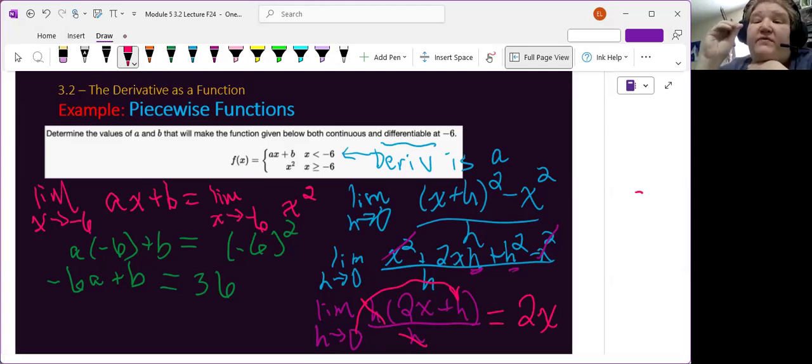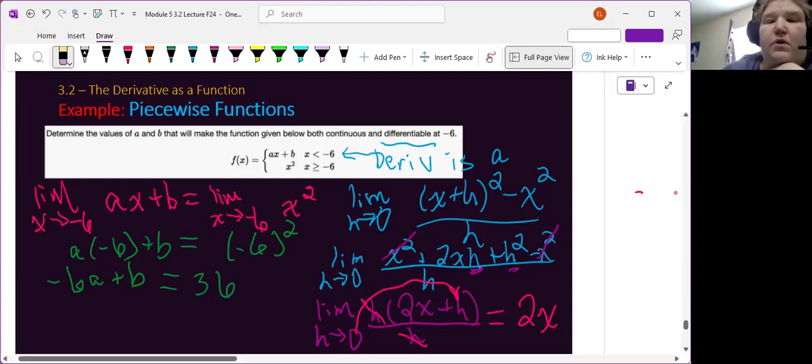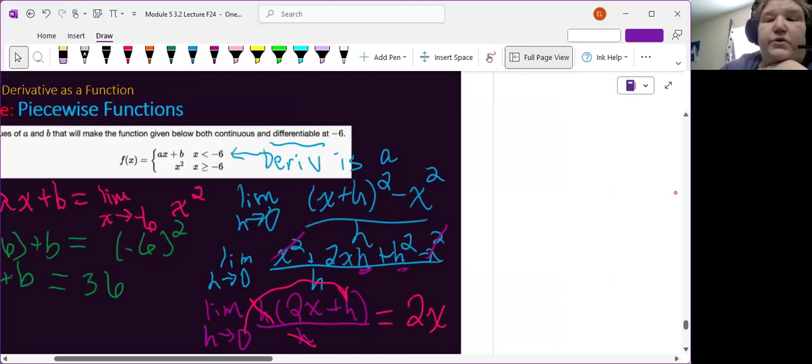So we want the derivative at -6 to match. So I have f prime at -6. On one side, this equals a.